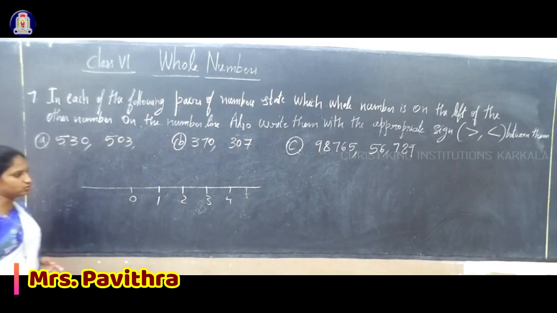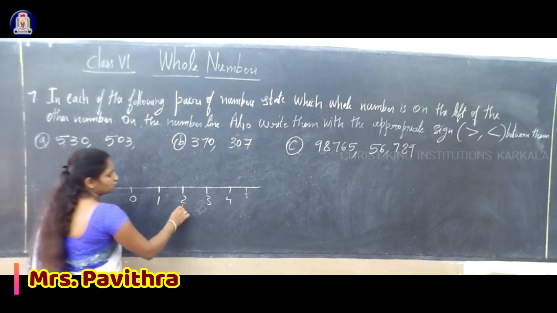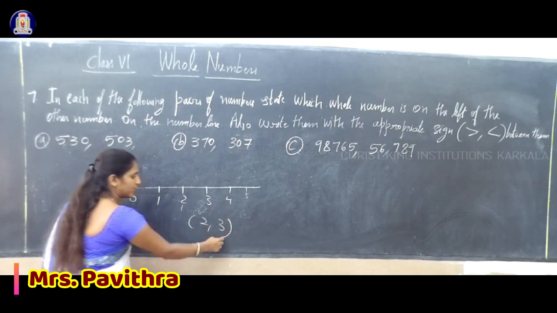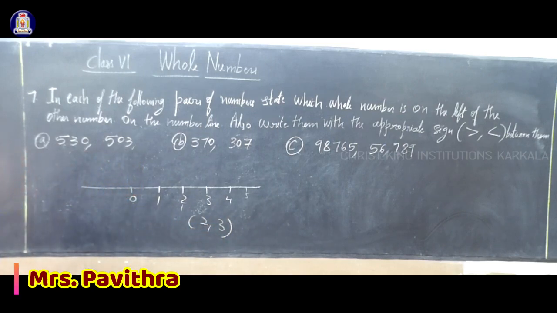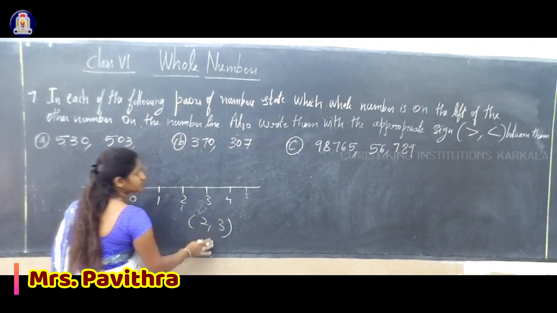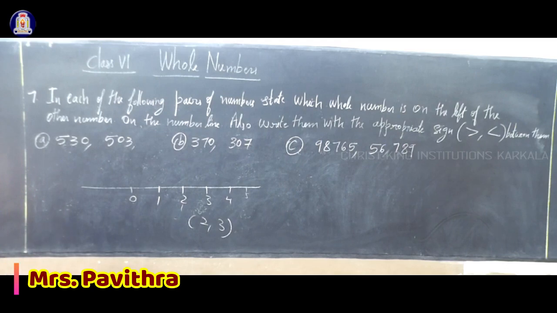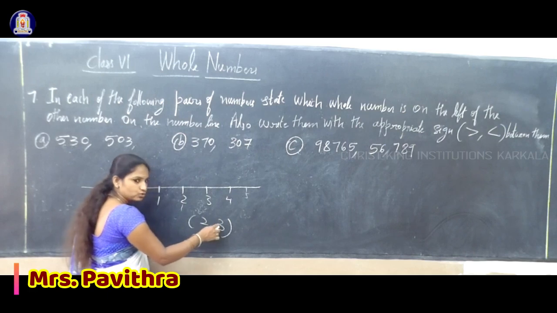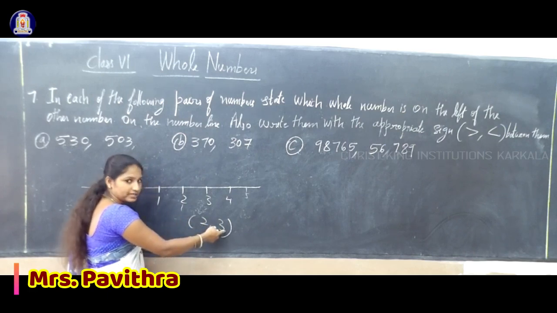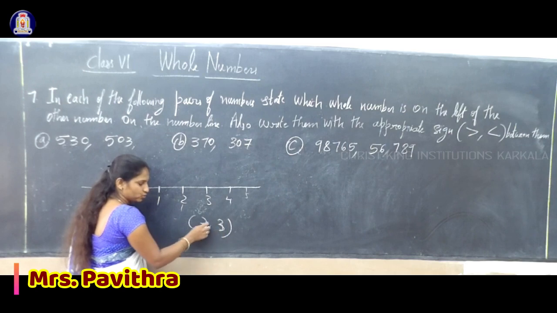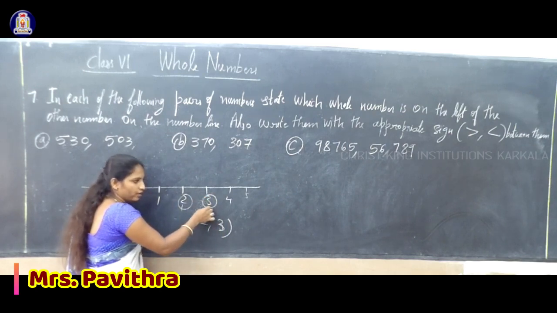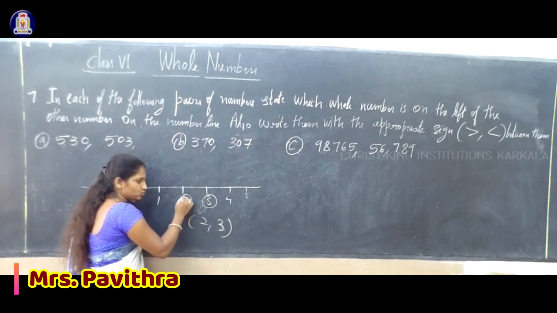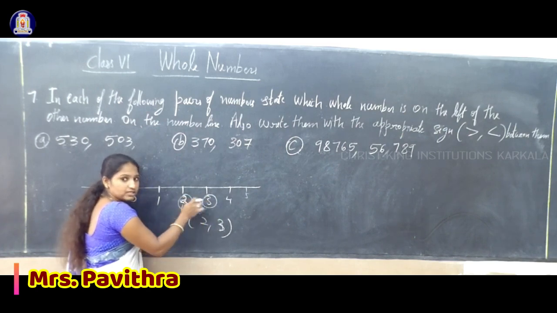So if a pair of numbers 2 and 3 is given, in this you have to say which number is lying on the left of the other number. So now we can say that 2 is lying left of the other number, which number? That is 3. So 2 is in the left side, right? So 2 is in the left and 3 is in the right. So next, after identifying this, 2 is smaller than 3.